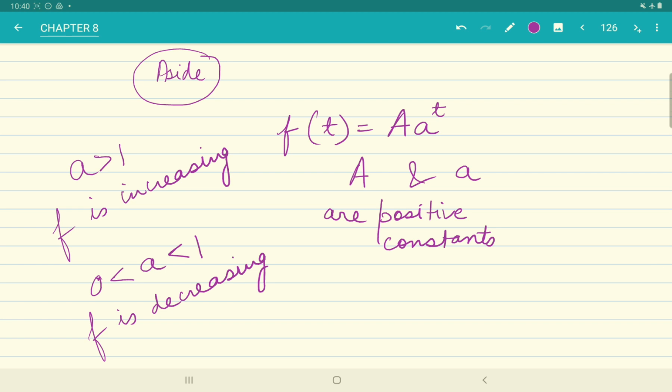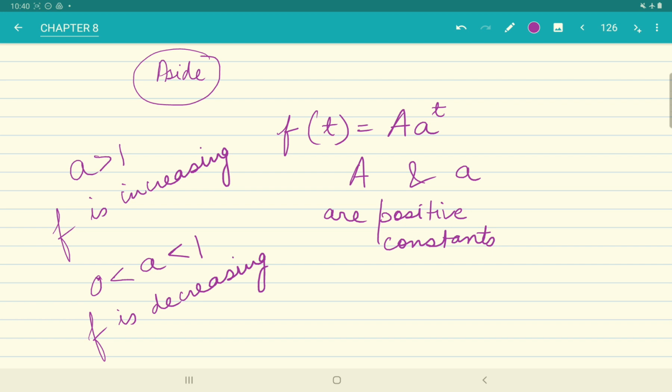The point to note here is that this little a is in fact what we are using as a base for constructing logarithms, and that's why we are concerned about a positive base, because we are boiling everything down to an exponential function. And when we talk about an exponential function, we are concerned about a quantity that is increasing by a fixed factor per unit of time, or decreasing by a fixed factor per unit of time.